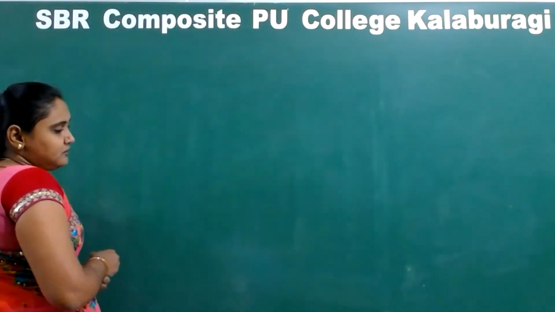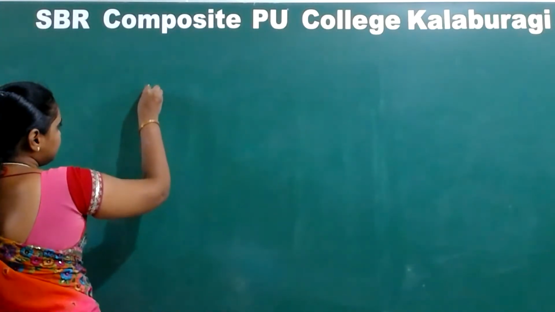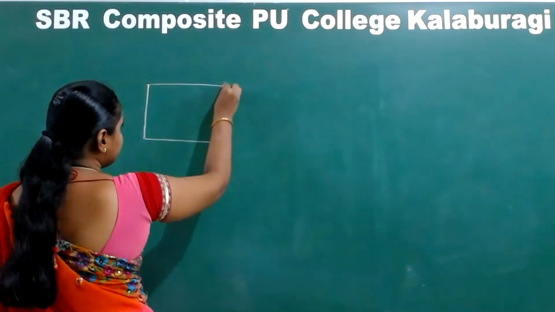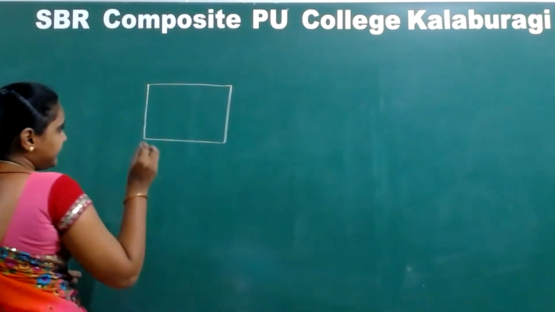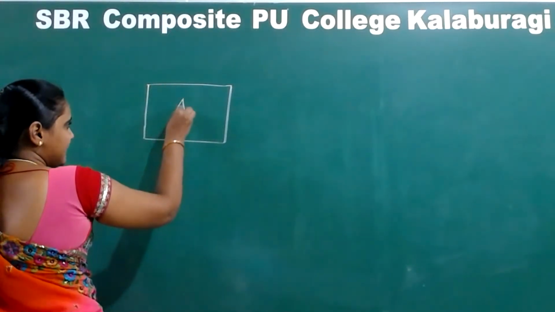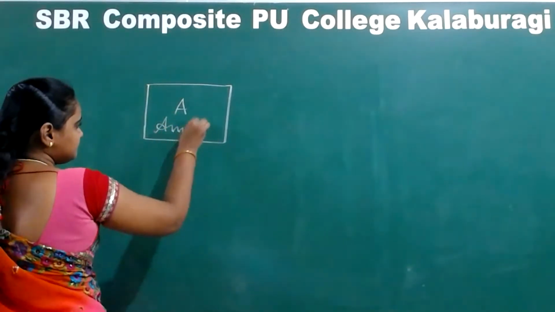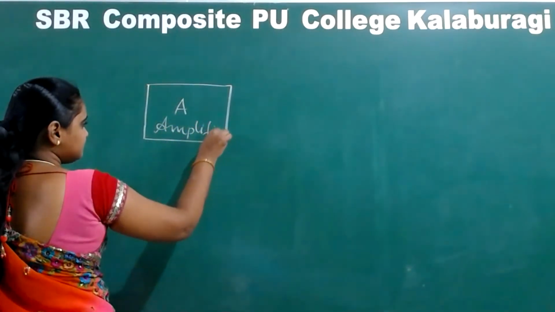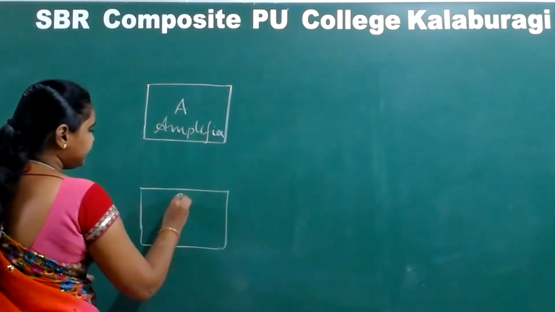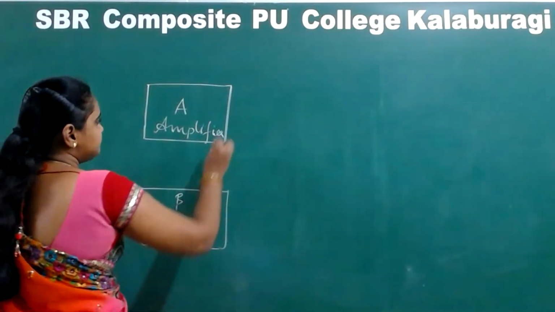Now, feedback in amplifier. That is a general feedback block diagram, and now we are seeing the block diagram. It remains the same, having an amplifier with gain A, and a beta feedback network.